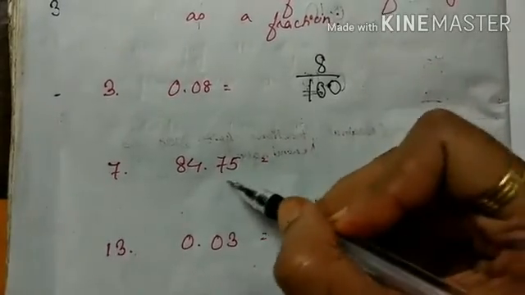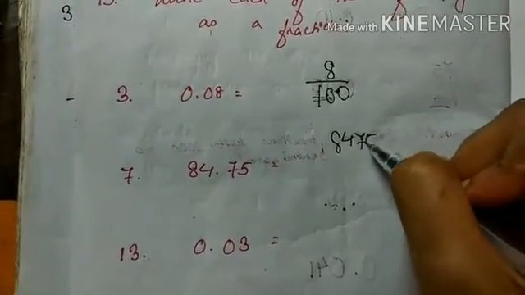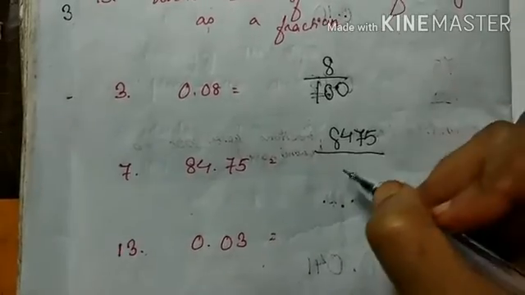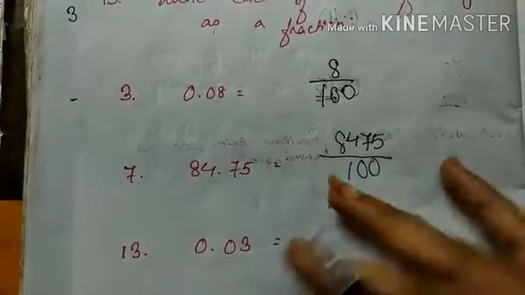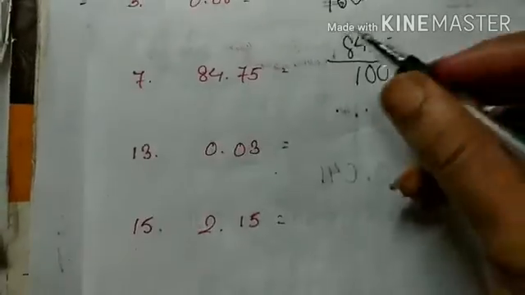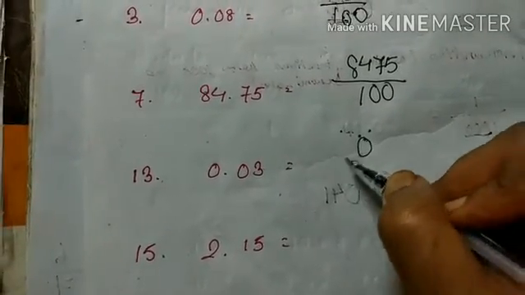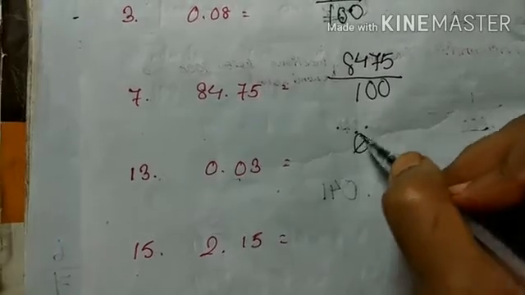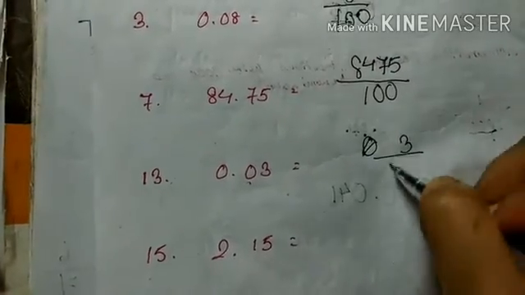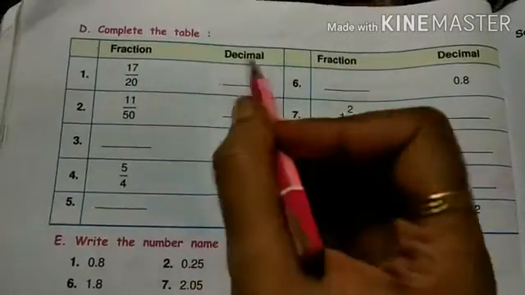Now again 2 places of decimal, so 8475 by 100. Now 0.03, again 2 places of decimal, so 3 by 100.